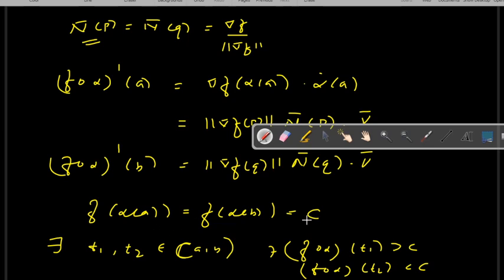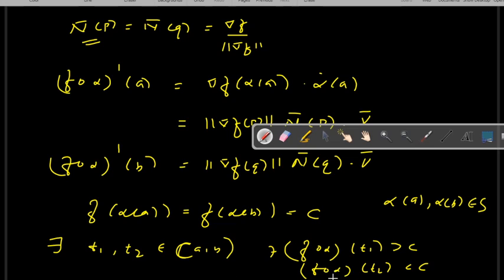At some point it will be greater than c, at some point it will be less than c, that we can say. I hope you remember this concept, f(α(a)) = f(α(b)) = c. Why is this coming? α(a) and α(b) are elements of your n-surface S, correct? So this will equal c. Then there exist t1 and t2 in between a and b such that at some point it is greater than c and at some point less than c.